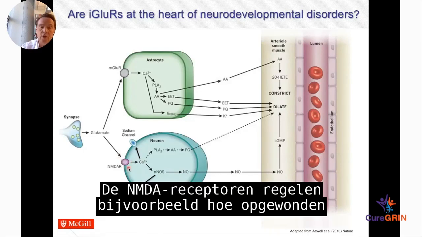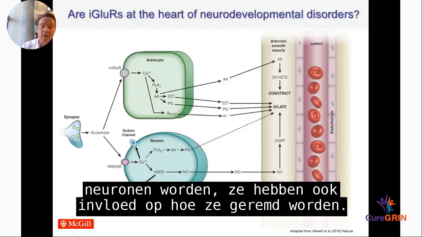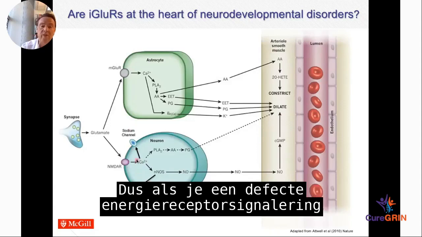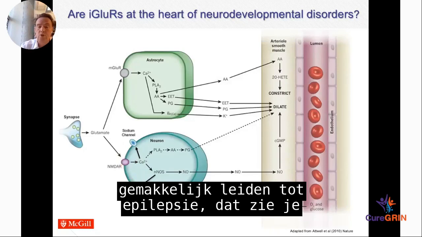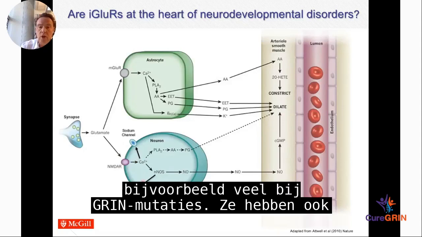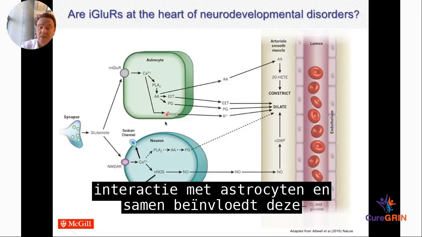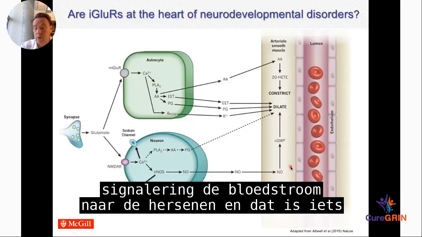The NMDA receptors, for example, regulate how excited neurons get. They also affect how they get inhibited. So if you have defective NMDA receptor signaling, you don't get the right inhibition. And so that could easily lead to epilepsy, for example, that you see a lot with GRIN mutations. They also interact with astrocytes, and together, this signaling actually affects blood flow into the brain.